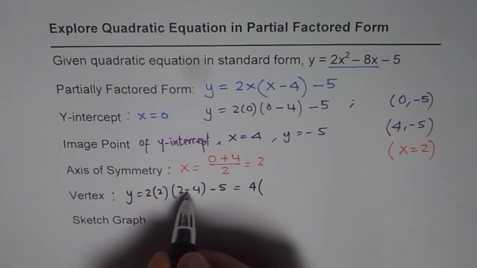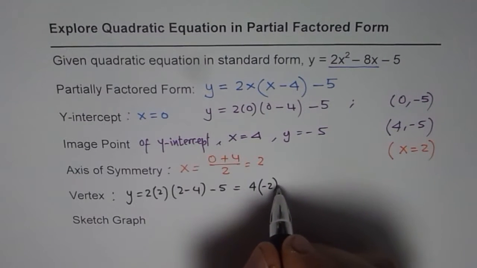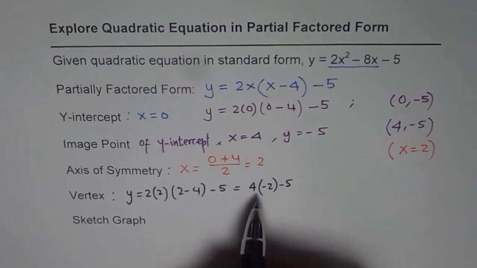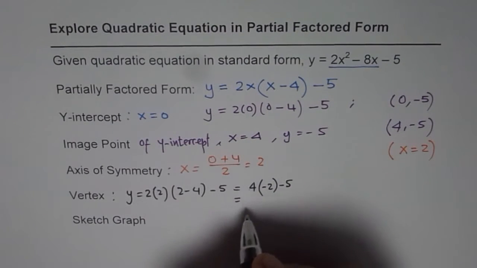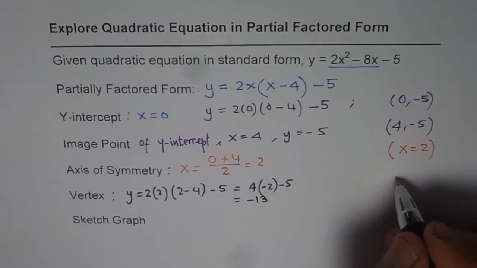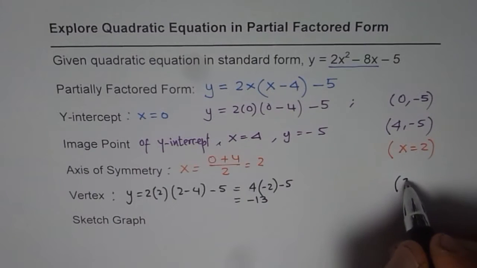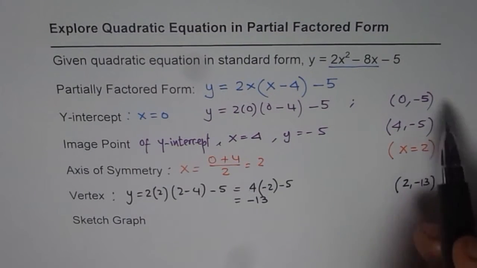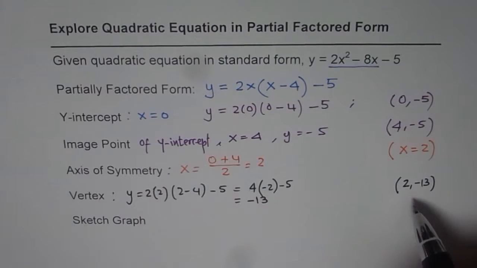And 2 minus 4 is minus 2, and then we have to do minus 5. That is to say the value is minus 8 minus 5, so it is minus 13. So the vertex for us is at axis of symmetry 2 and the value is minus 13, right? Since the graph opens upwards, this is the minimum.